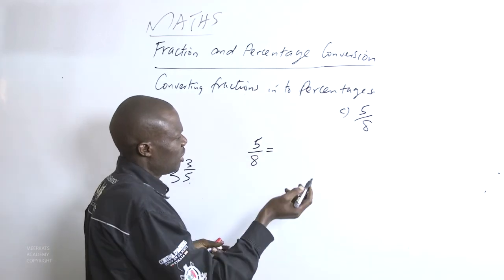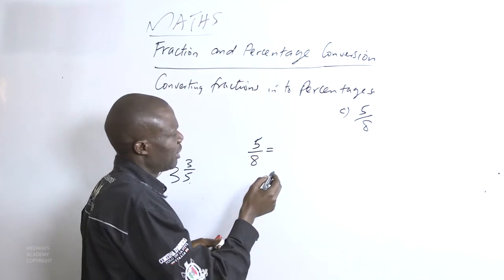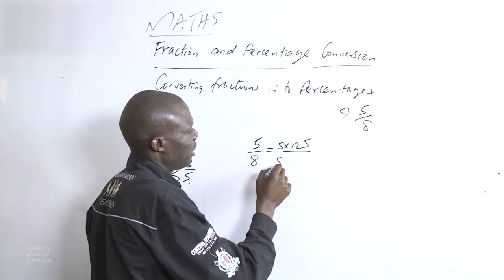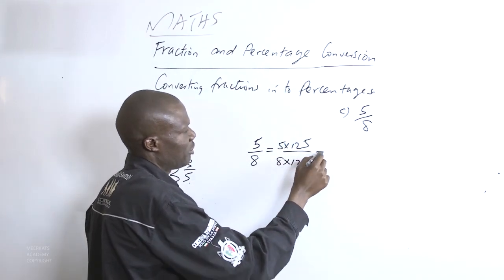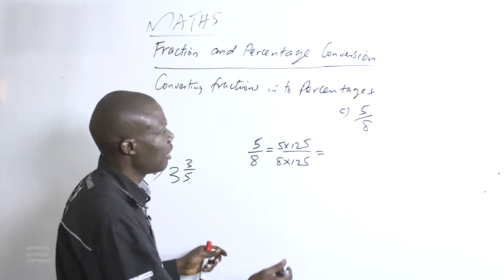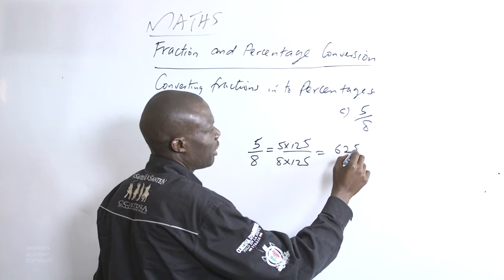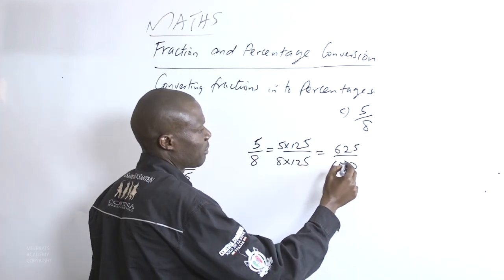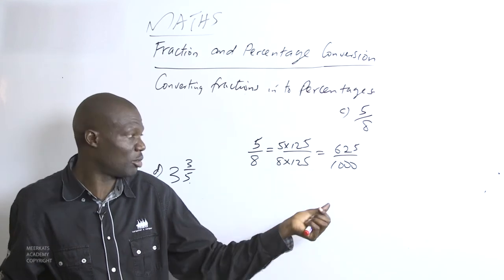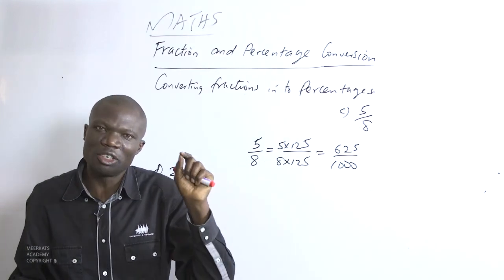We shall multiply 5 by 125 and denominator 8 by 125, and you'll find that you have 625 over 1,000. So we cannot say this is 625% because the denominator is not 100.